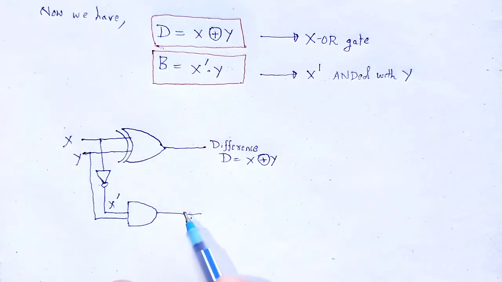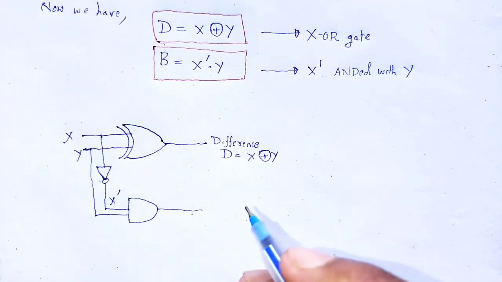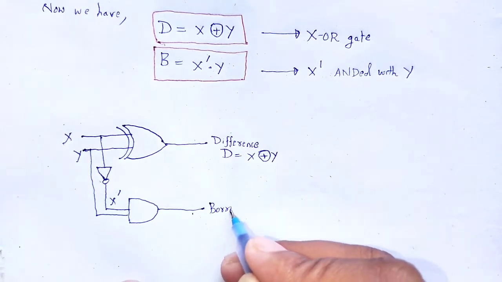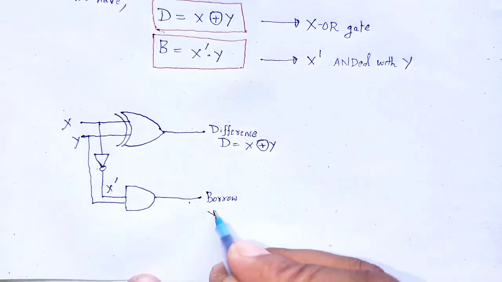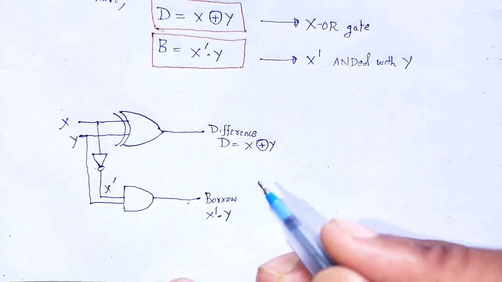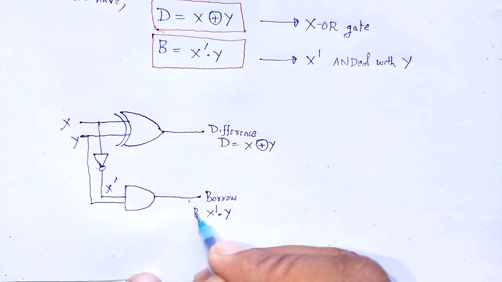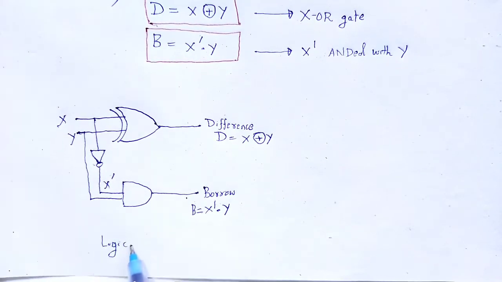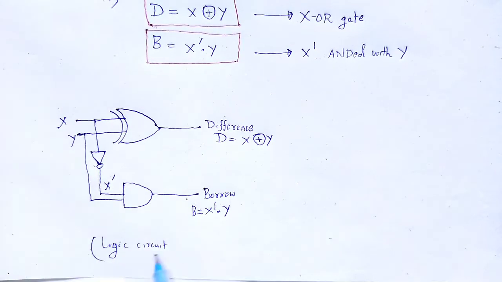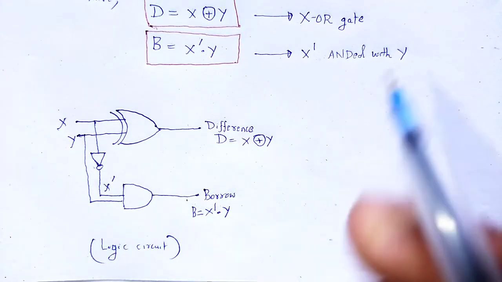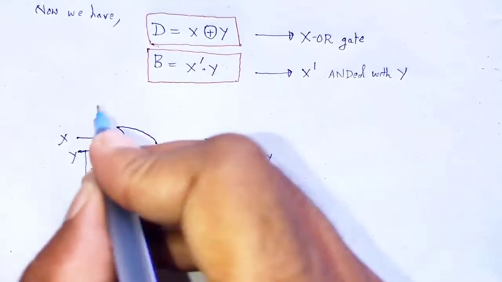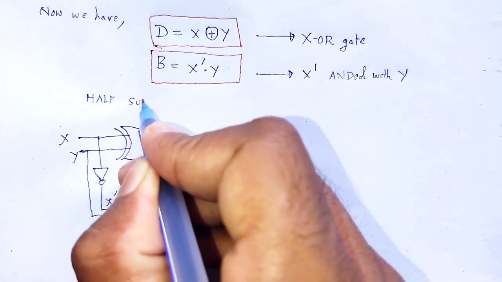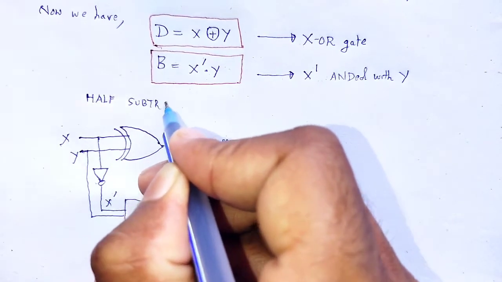The output of the AND gate is the borrow B equal to x prime dot y. This is the logic circuit for half subtractor.